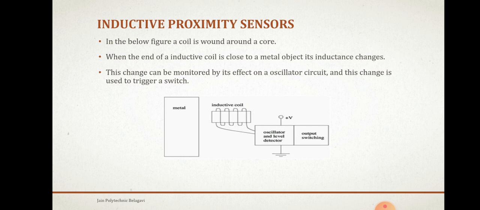This change can be monitored by its effect on an oscillator circuit, and this change is used to trigger a switch. So due to the change in the distance between the metal and the inductive coil, you will be triggering the switch. Like this the inductive proximity sensor works, switching on and off.